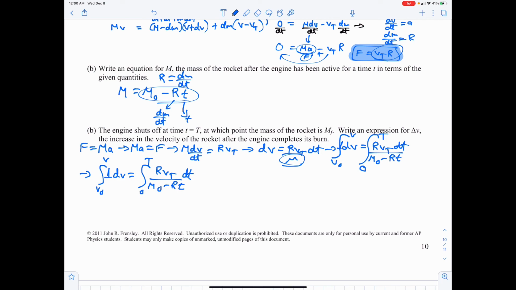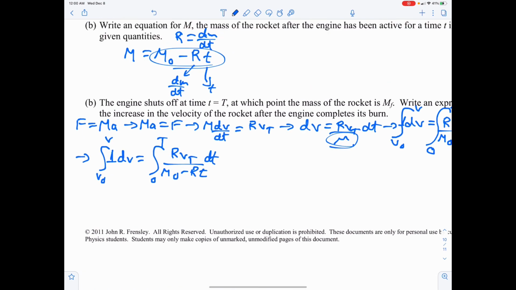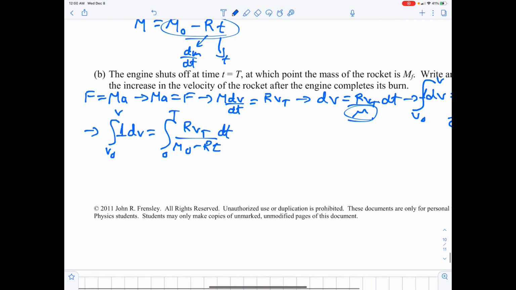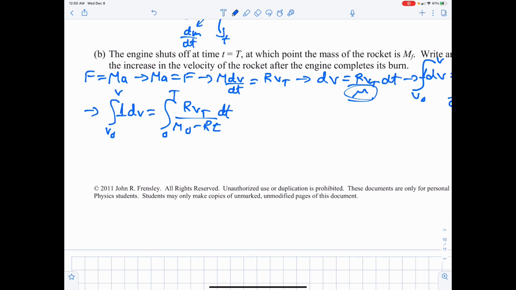Now we're going to use U-substitution. Here's what we're trying to accomplish: we're trying to make this resemble the integral formula du over u. When you get it to look like that, the integral has a special formula: the natural log of the absolute value of u, evaluated from a to b.